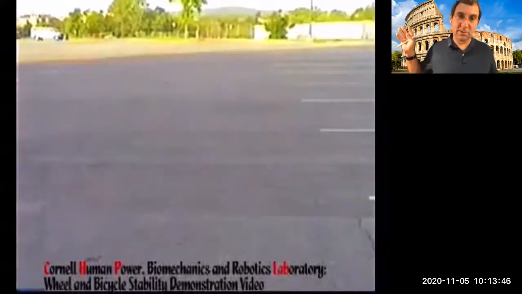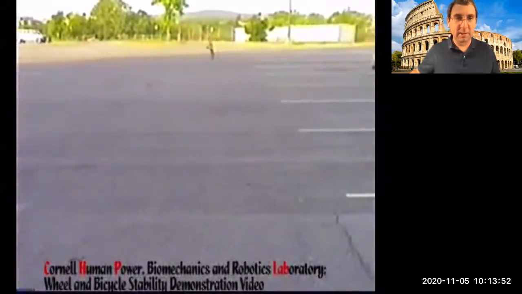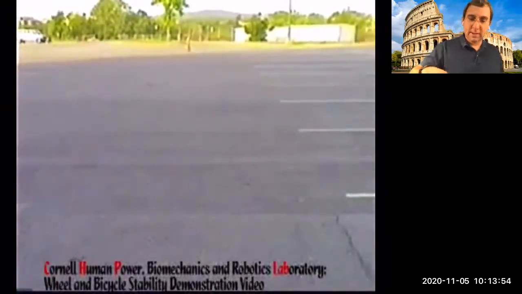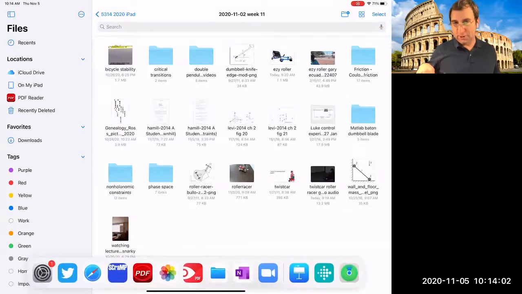Some bicycles are just self-stabilizing once they reach a certain speed, and it's so stable that when he gives it a shove, it's still stable. That is pretty remarkable, because we didn't know until a few years ago that certain effects were not involved.